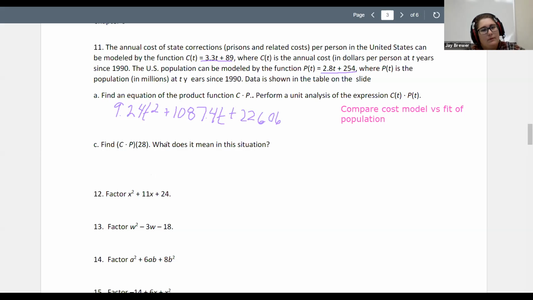And then what does part C want us to do? I don't know why it's not part B. I guess part B is this part. You would enter 28 as your t value. Mm-hmm. Very good. And if we do that, what do we get?